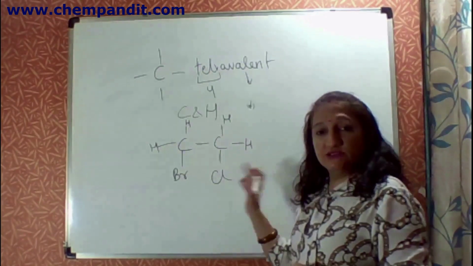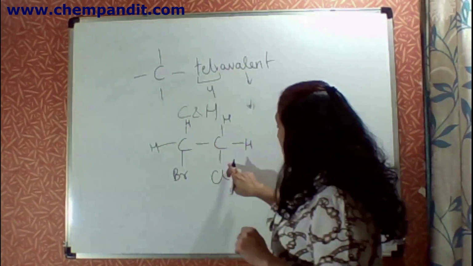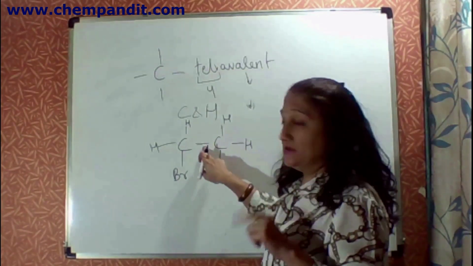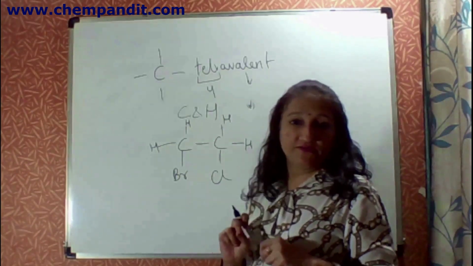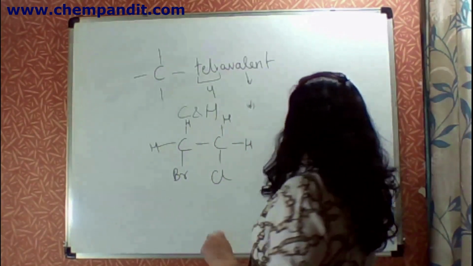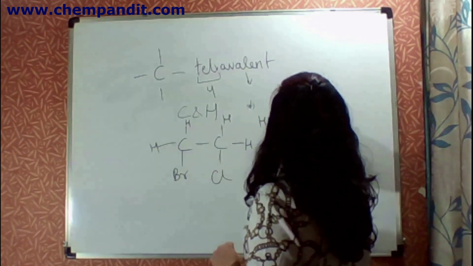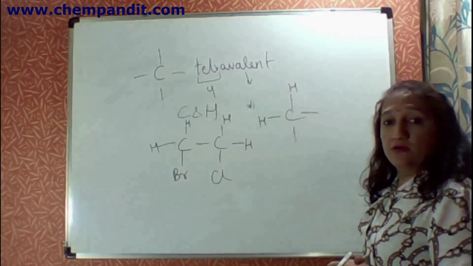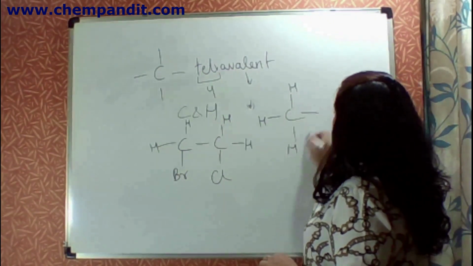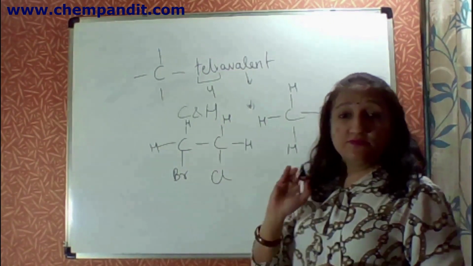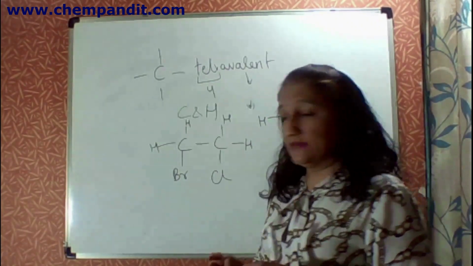All the free valencies of carbon, like this carbon has 4 valency, 2 are satisfied, 2 are left. So we will fill these valencies with hydrogen. Clear? So whenever you find something like this, these free valencies will always be satisfied by hydrogen. This is the simplest rule you should know before naming. Clear?